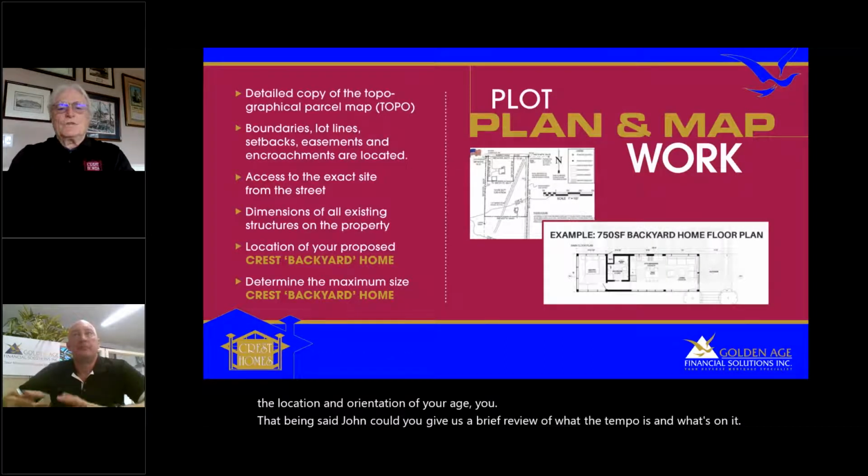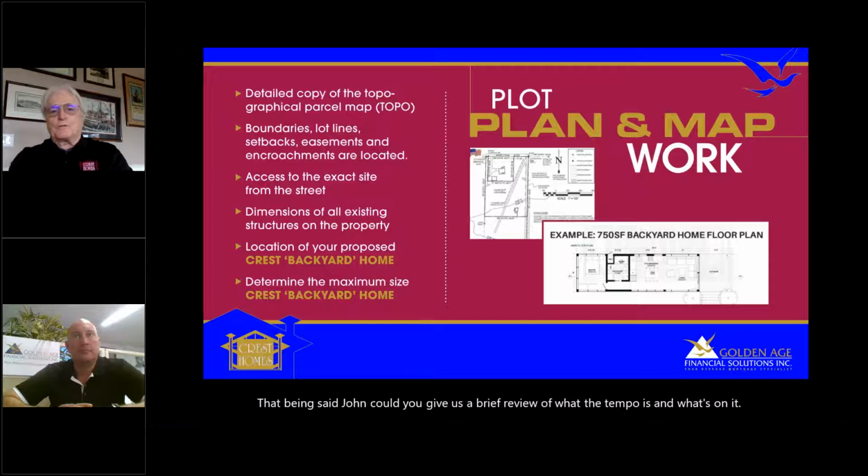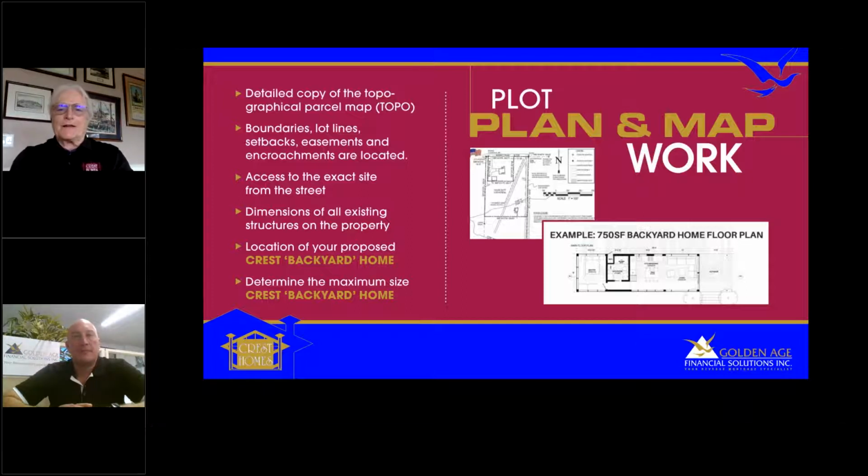Yes, sir. To review, the topo, also known as a topographical map, delineates your boundaries, your property lines, setbacks, public and private easements, as well as any utility easements. It also shows the location of your existing main utility feeds and contour lines, also known as gradients, which are variations in the terrain such as flat areas, inclines, hills, slopes, and banks.